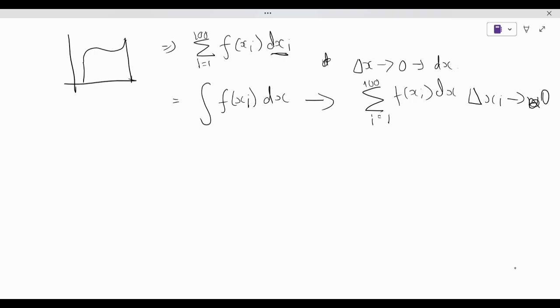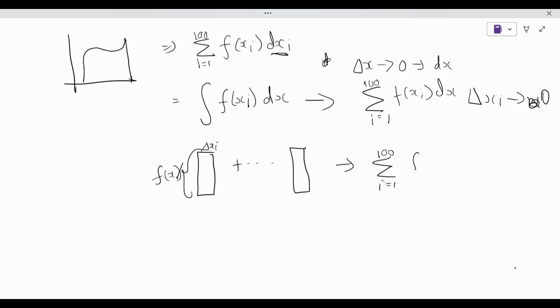The meaning is, if this is delta xi and this is f of x, now when you add such different rectangles, you have the formula i equals 1 to 100 of f of xi dxi. When the width becomes very small, here this is delta x and the width of such a strip is dx now.